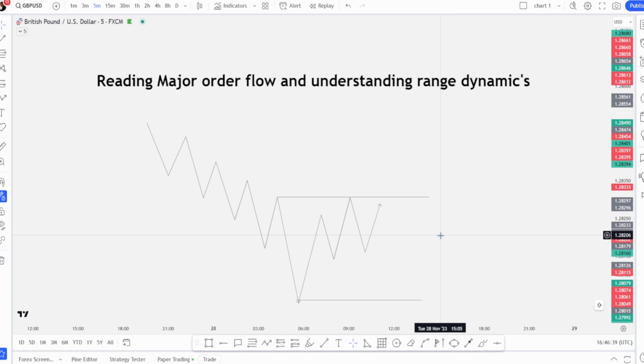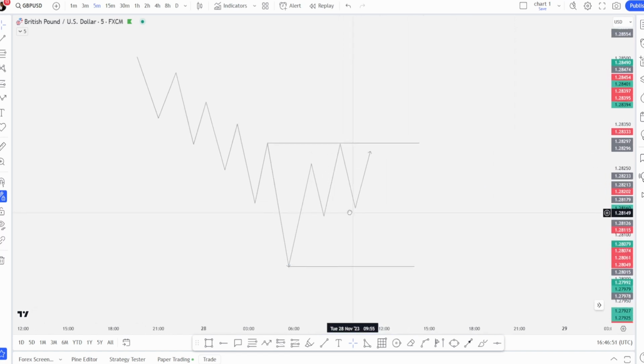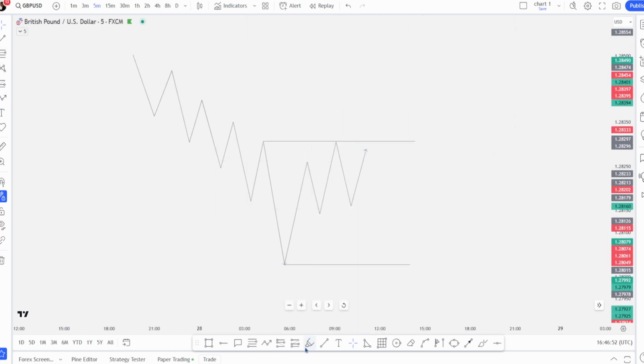Now, this is going to line up with whether you're trading them, reading them, wherever it is that you're looking at price as a whole. But what we don't want to be doing is reading our 5-minute order flow with the principle of looking for highs and lows, because you will find them everywhere. We need to make sure we're reading the way that these ranges are playing with each other and against each other.